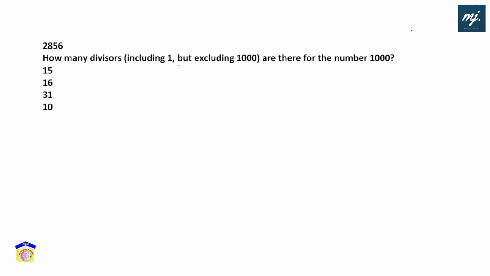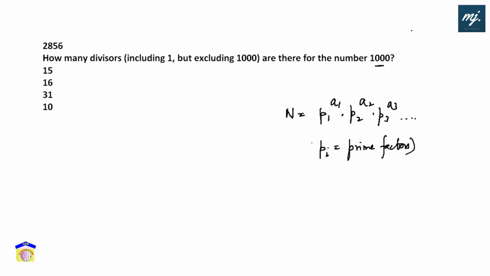How many divisors, including 1 but excluding 1000, are there for the number 1000? Okay, suppose we write our number n as p1 to the power a1 into p2 to the power a2 into p3 to the power a3 and so on, where these p are prime factors, that means prime numbers 2, 3, 5, 7.